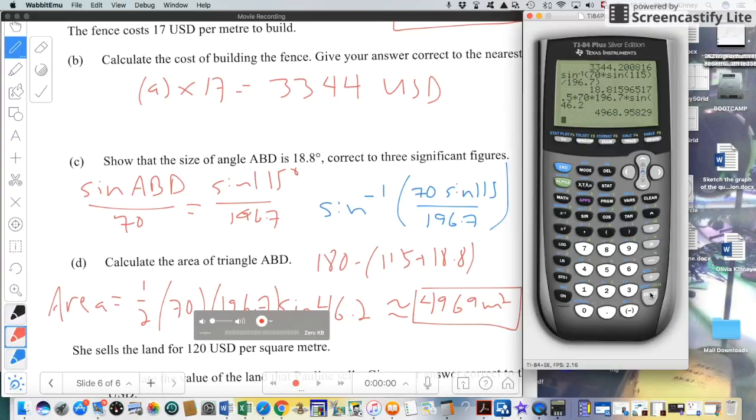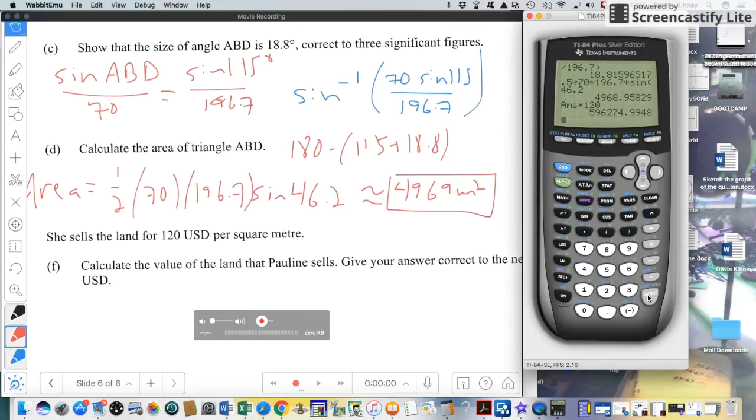She sells the land for 120 per square meter, so I just again multiply that area instead of length times the cost per square meter. And she's looking at upwards of $500,000 for her sale. Don't know what happened to Part E. We deleted that.